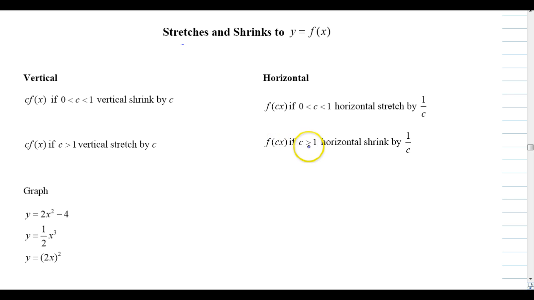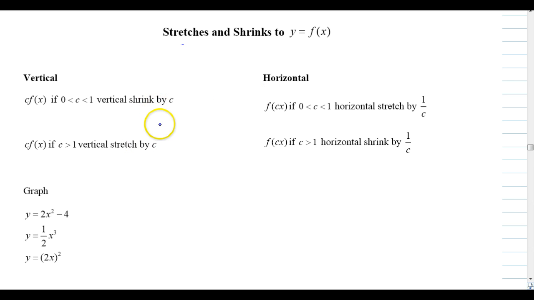And if c is bigger than 1, then we have a horizontal shrink by 1 over c. The more common one that we're going to see, though, is a vertical stretch. That happens when the c is being multiplied to the entire function, not just inside with the x, but on the outside. If that c is between 0 and 1, then we're going to have a vertical shrink. But if the c is greater than 1, we're going to have a vertical stretch.